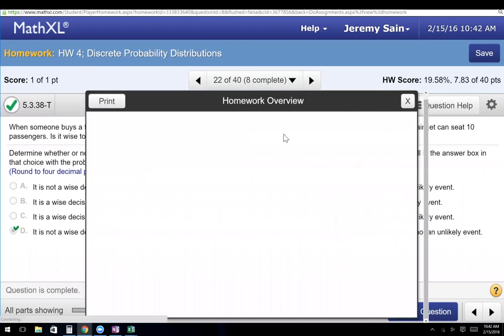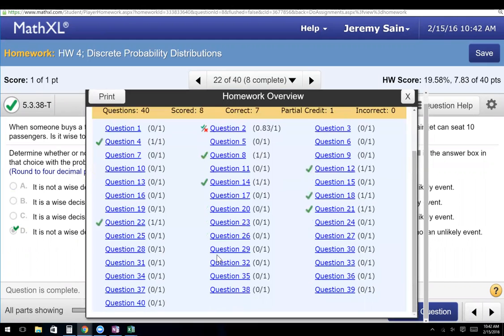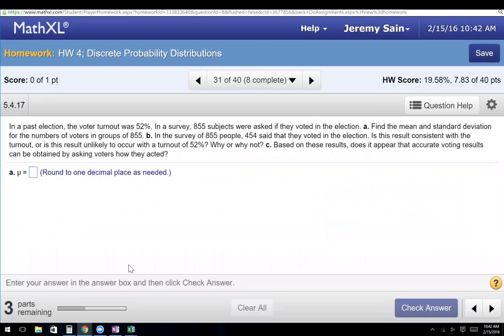And let's see if we can jump down and find the Poisson stuff. Let's go to about 31. Oh, okay, let's do this right quick. This is still binomial. For a general probability distribution, you have to do that whole find the mean by going x times probability, add them up. Standard deviation, you have to go x minus mean squared times probability, add them up.